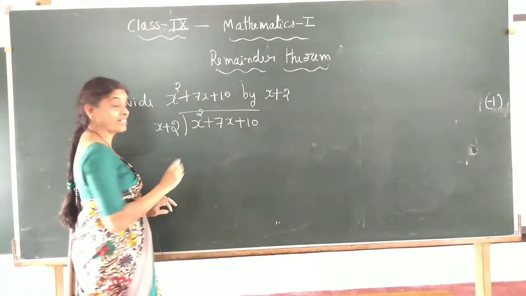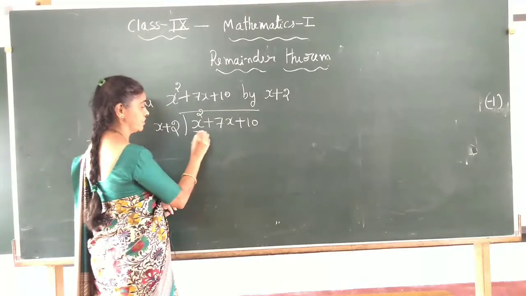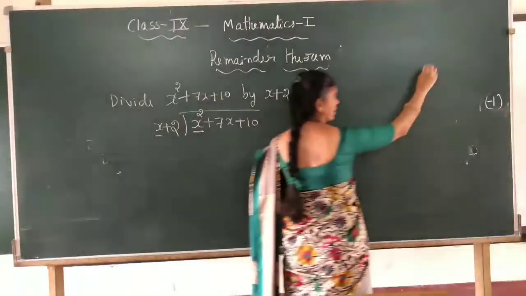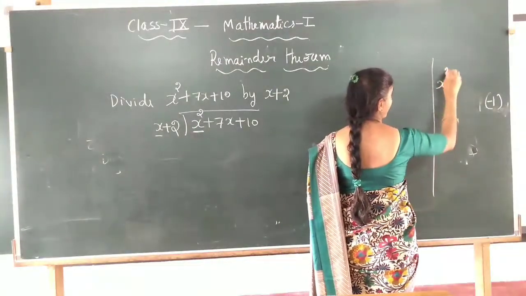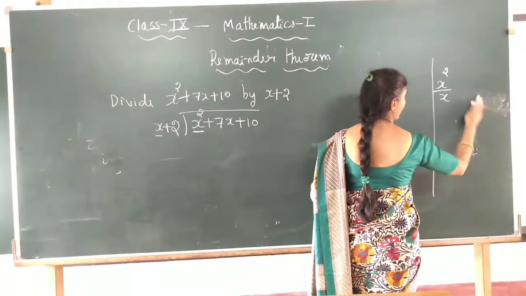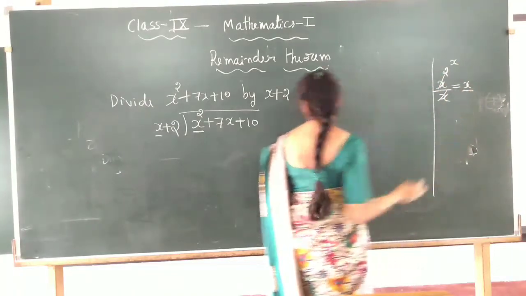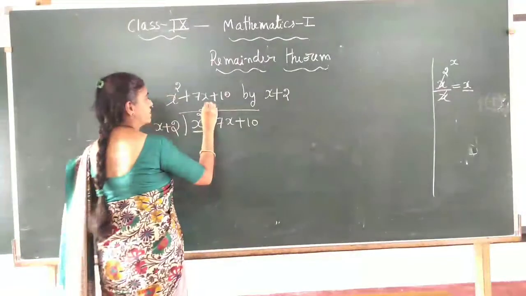What we have to do for actual division? You take the first term and divide. So it is x square divided by x. How many times, children? 1x cancels and x remains. So here you have to write x.